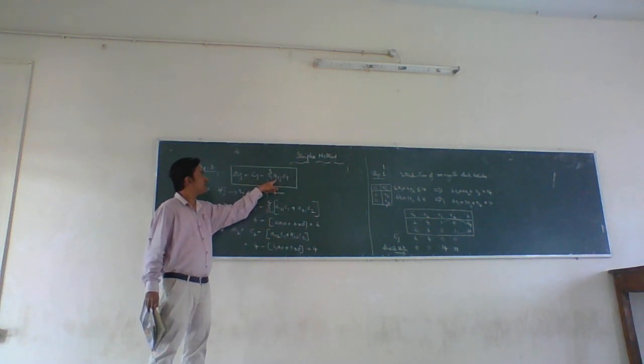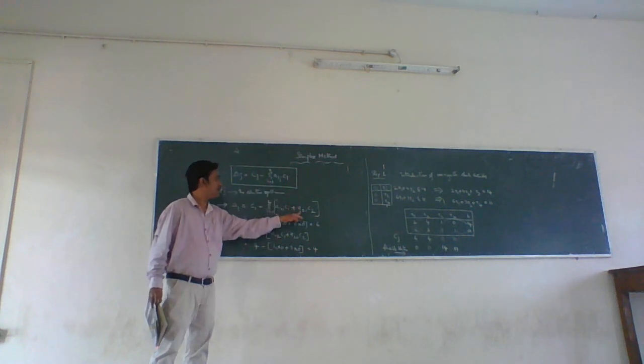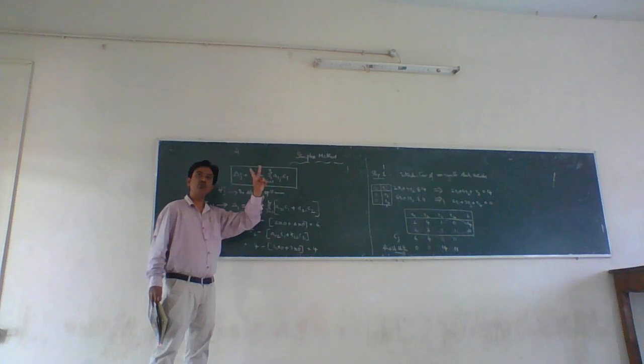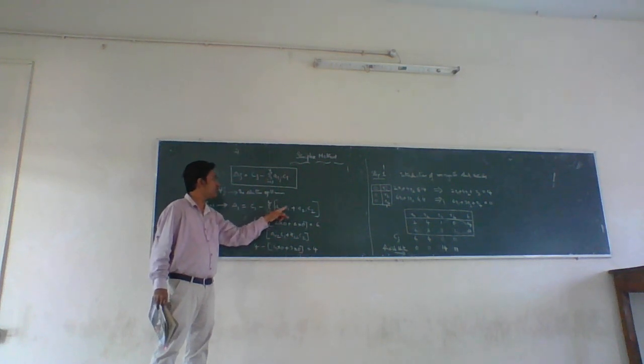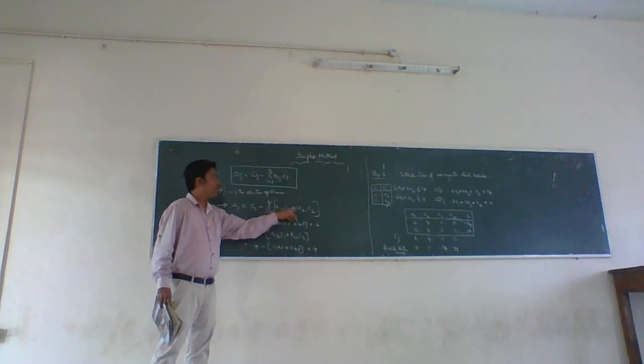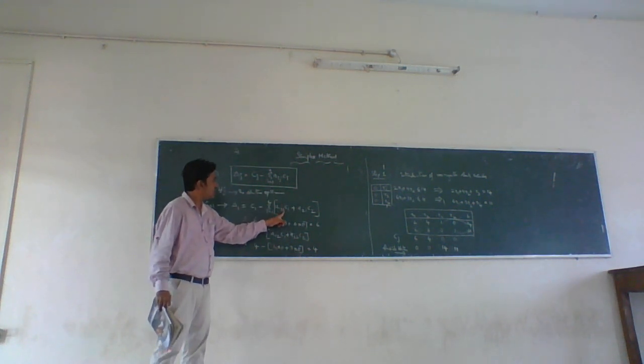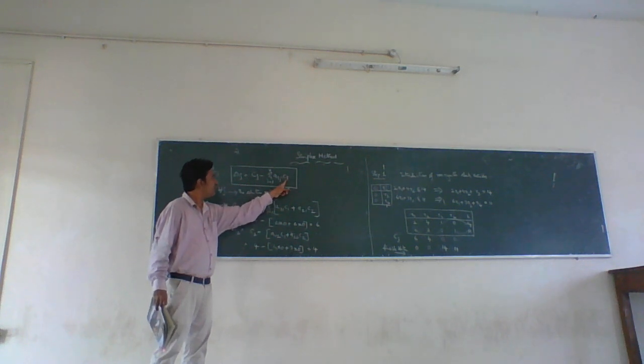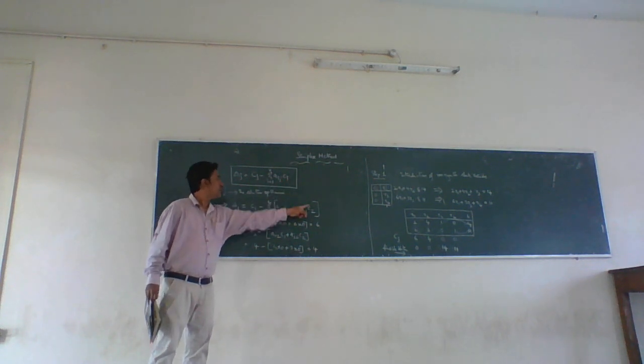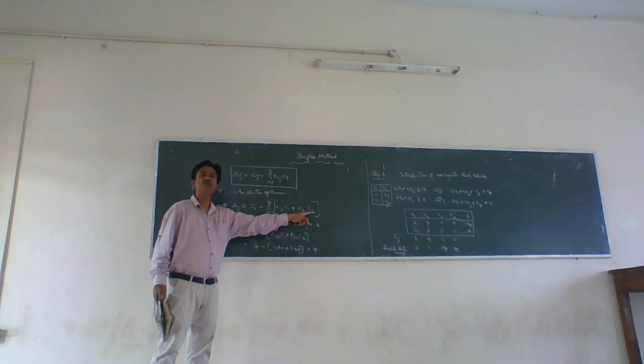So let us keep I as 1, A1. Next, A2. But I am starting with the J1 case, so J will be 1, I will be 1. When I is 2, it will be 2.